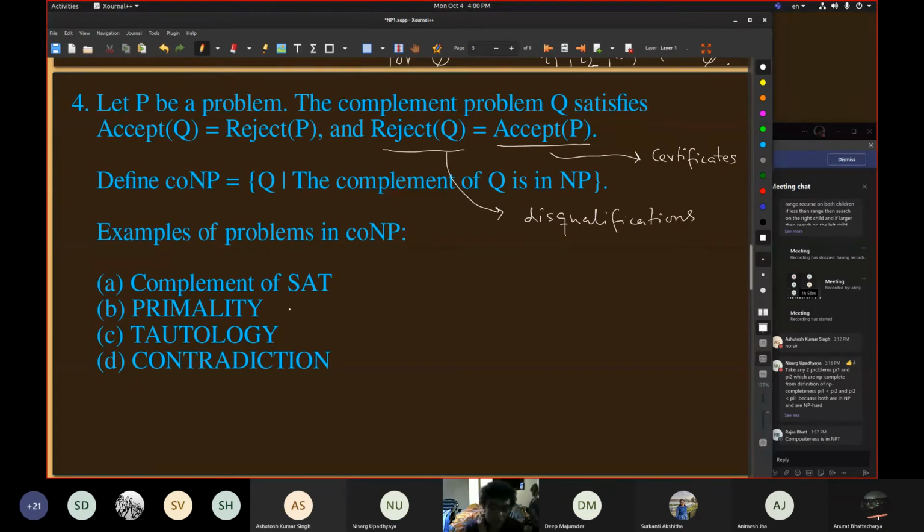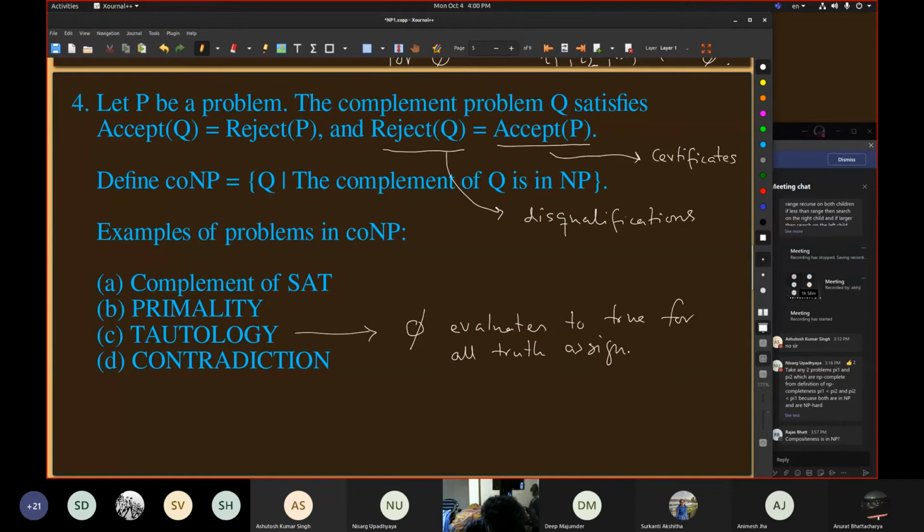So tautology is, once again, the problem is this. Given a Boolean formula phi, it evaluates to true for all truth assignments of the variables.